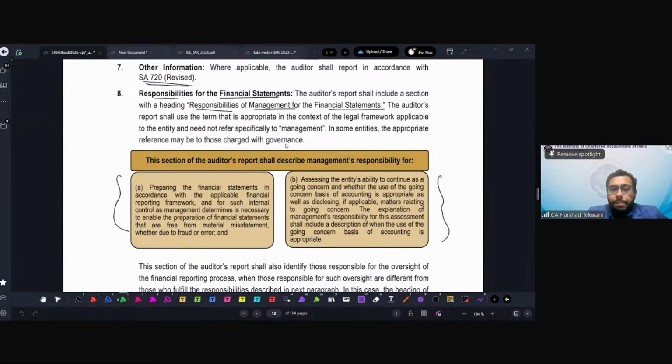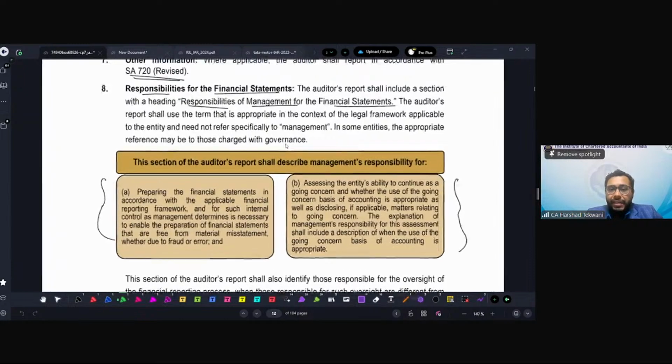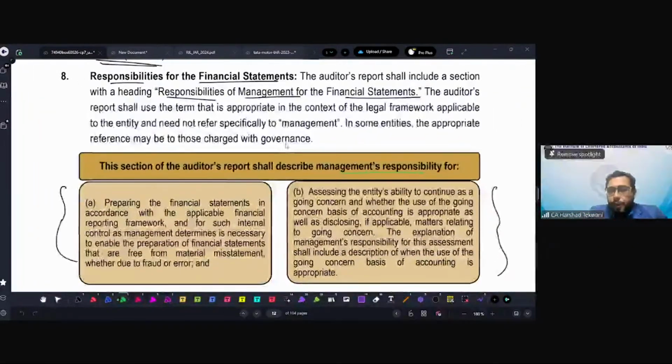One, it is for preparing the financial statements. Management's responsibility for financial statements includes, one, preparing financial statements in accordance with the financial reporting framework. Second, assessing the entity's ability to continue as a going concern.